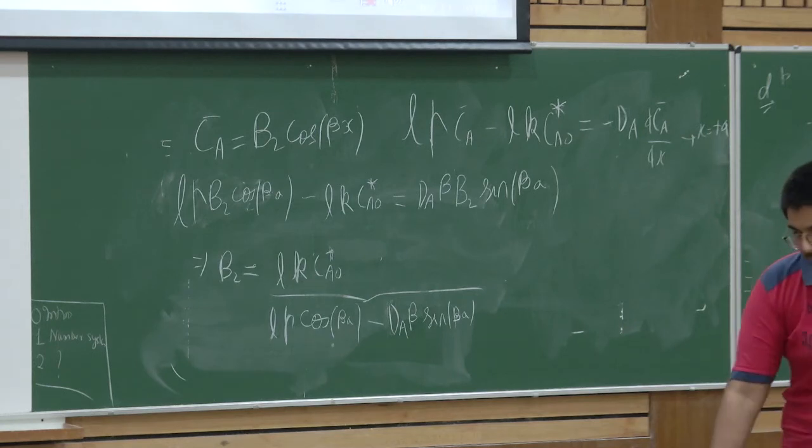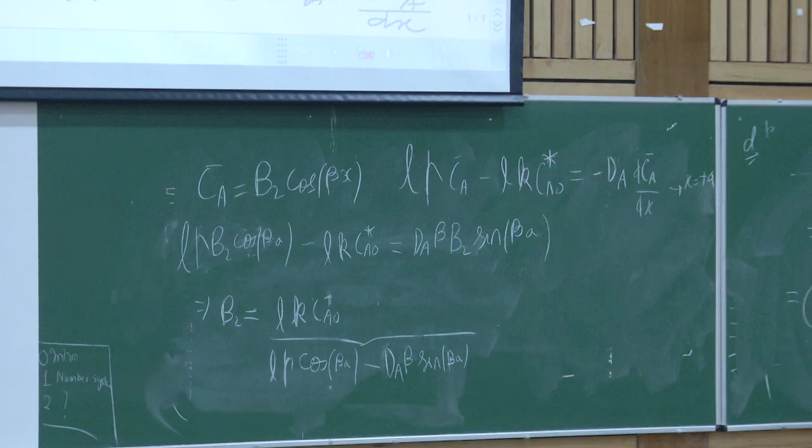Does everyone follow this? All of you? So can somebody continue from here? You got CA bar now. CA bar is this LK CA0 star by LP cos Ka minus dA K sin Ka. This can be treated and then multiplied by cos Kx.